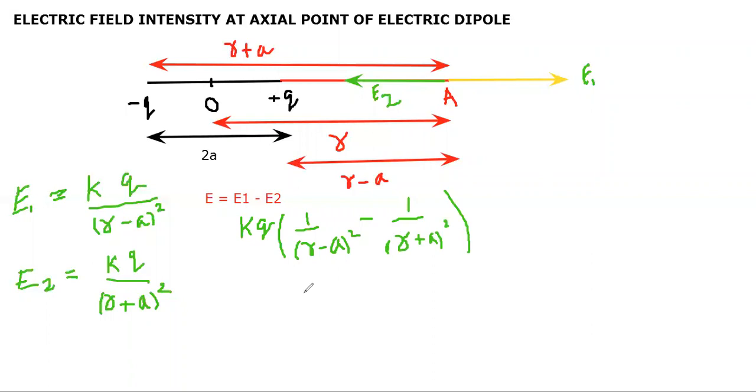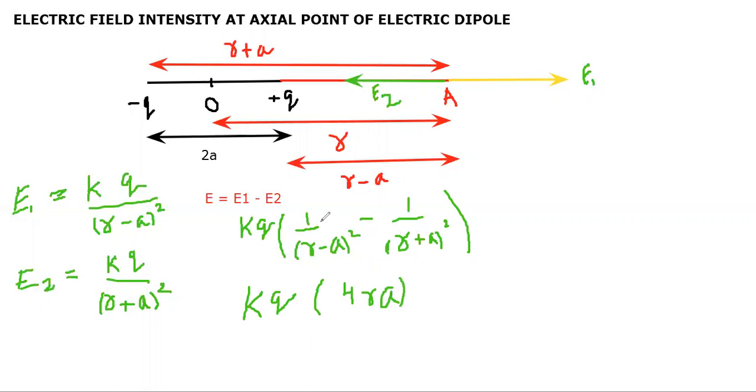If you take LCM, the answer would be kq outside the bracket. If you take LCM and use the formula of a plus b whole square and a minus b whole square, the term that you get inside the bracket is 4ra. This is the term which you will get after solving this.